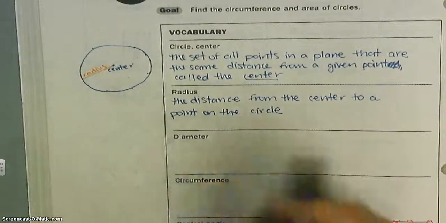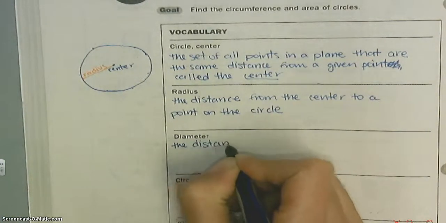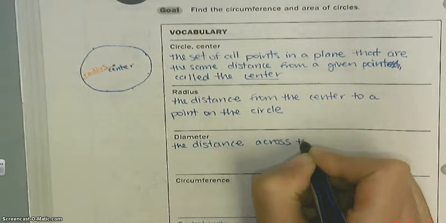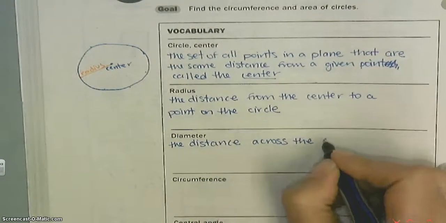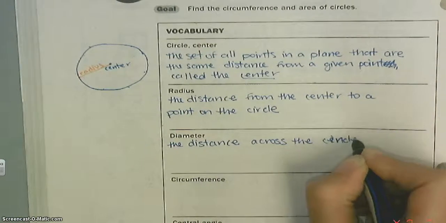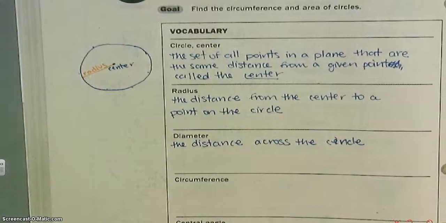The diameter is the distance across the circle through the center. That should say circle. Fix that.